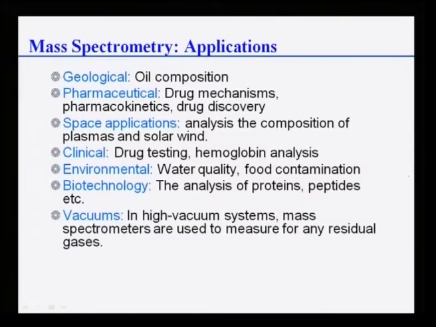Then comes the pharmaceutical industry, that is pharmacokinetics, drug discovery, drug mechanism. Next one which uses this technique extensively is space application, like composition of the plasmas and the solar winds by the astrophysicist. Obviously it can be used for environmental applications like water quality, food contamination, biotechnology. In fact, it can be used in high vacuum systems, as smart spectrometers to measure even residual gases present in a particular system.